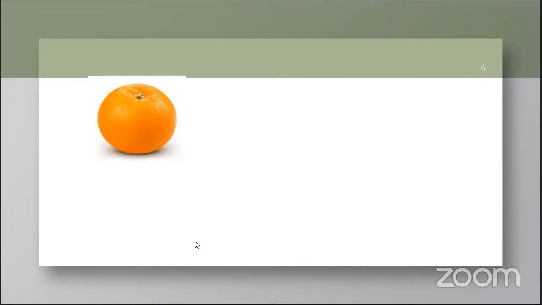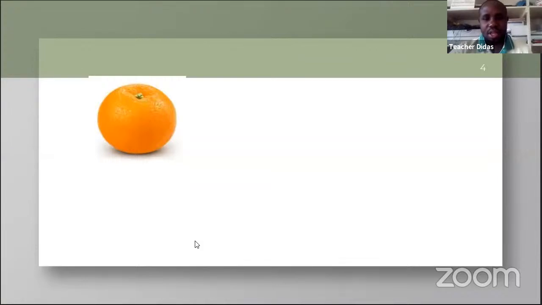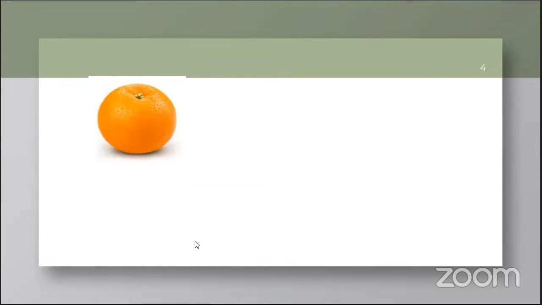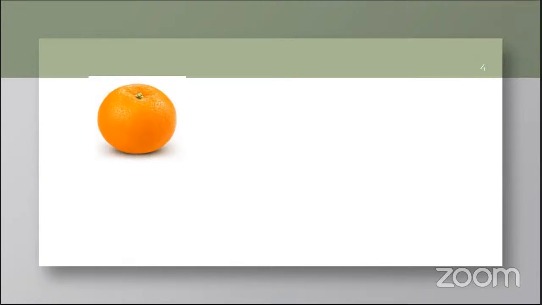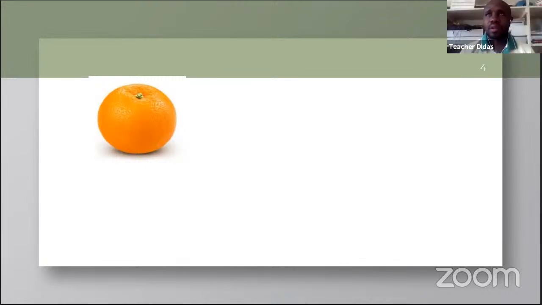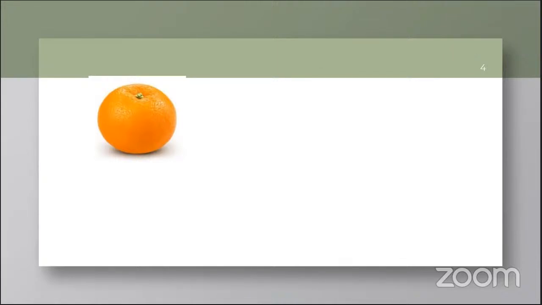Name the picture here. A whole orange. Thank you. Can you spell the word orange? O R A N G E. Okay.